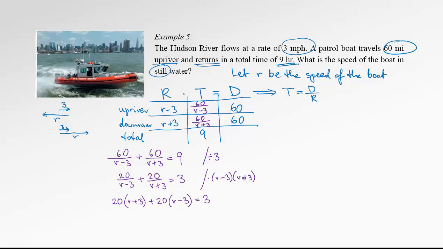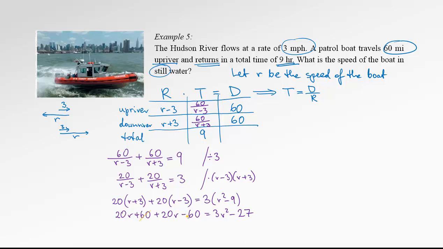But notice that when we multiply these two brackets, we end up with r squared minus 9, using the difference of squares formula, right? Okay, so what's left to do is to release all those brackets and rewrite our equation in the standard quadratic form. So we have 20r plus 60 plus 20r minus 60 equals 3r squared minus 27.